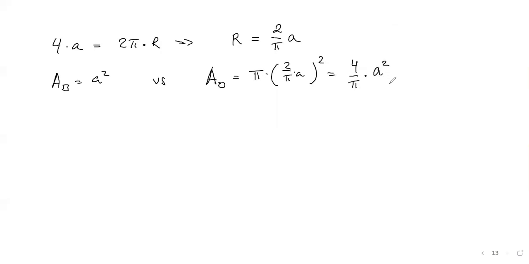So what can you say? The area is increasing or decreasing then? Increasing. By the way, you may not know this, but the circle is the shape which has the maximum possible area at a given circumference. It's a definition of the circle. There are no 2D figures which have a higher area at the same perimeter.